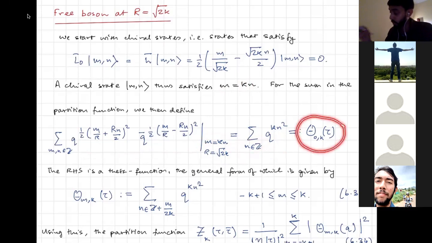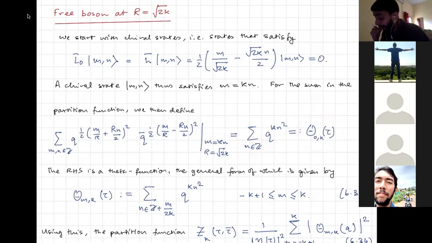This is what a theta function is actually defined by. So this is the theta function which has index 0 and k. You can see the k from here, and the more general form of a theta function has m and k in it.